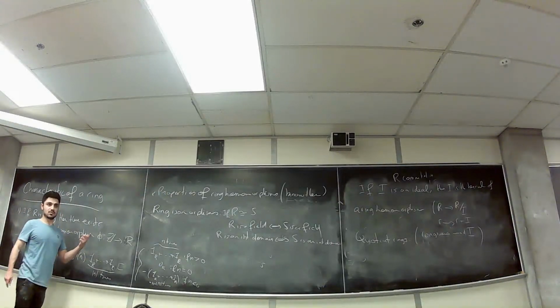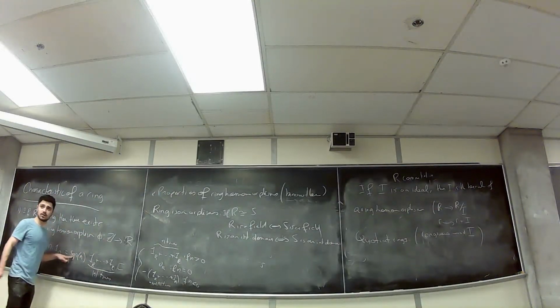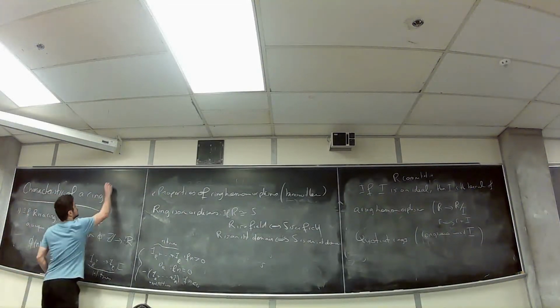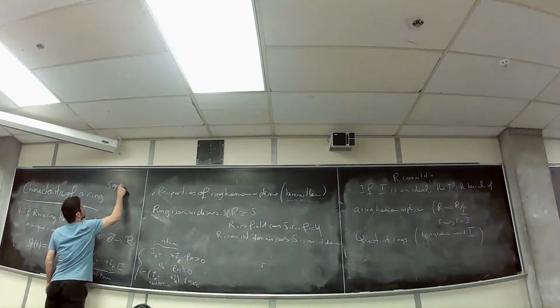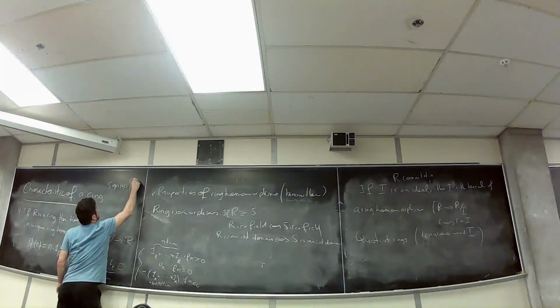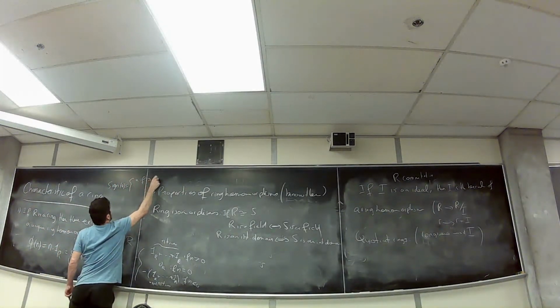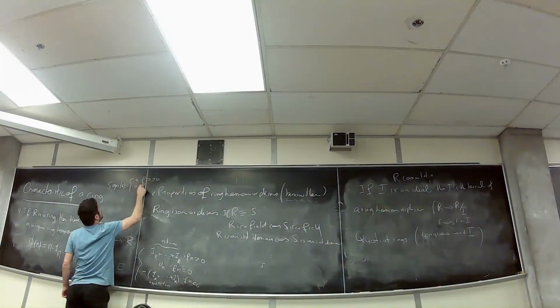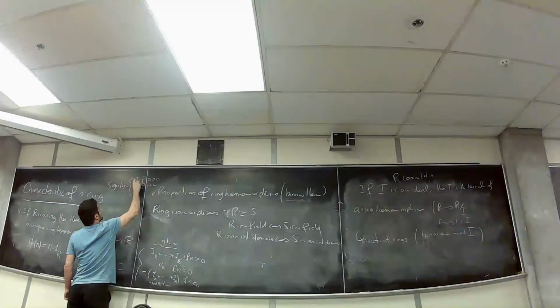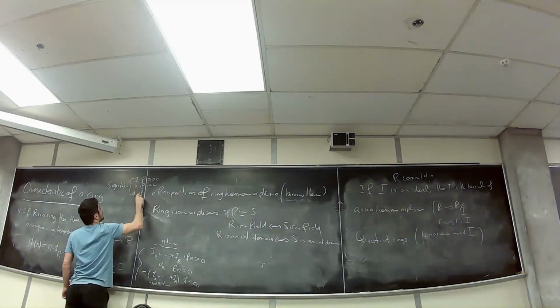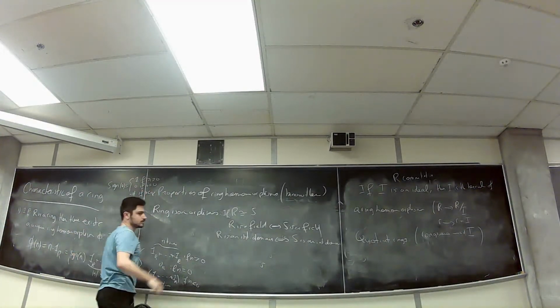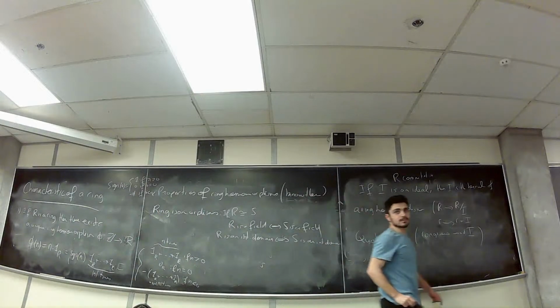Sign of 0 is 0. Have you seen this notation before? Many people define it different ways, but if x is 0, it's 1.